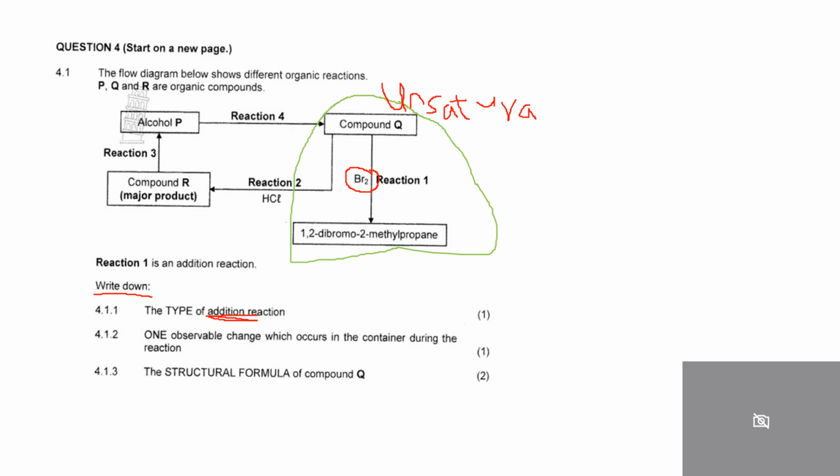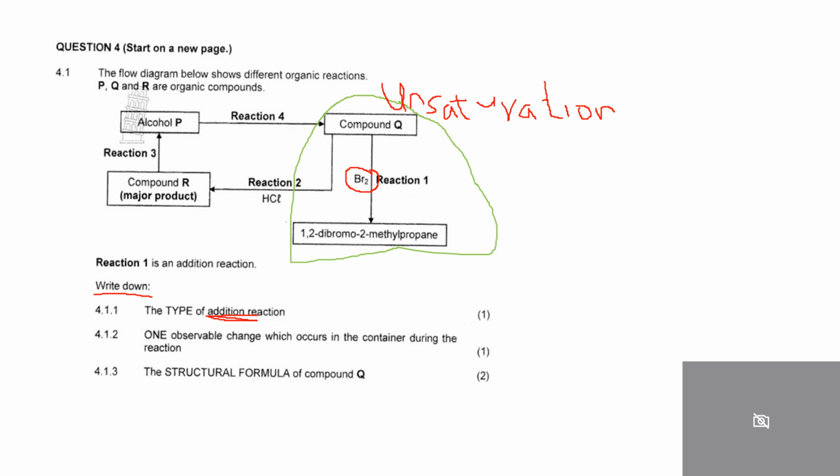Pardon my writing, I'm not used to writing with a keypad, but I'm still in the process. Q will be unsaturated. It means it will have a multiple bond, double or triple.